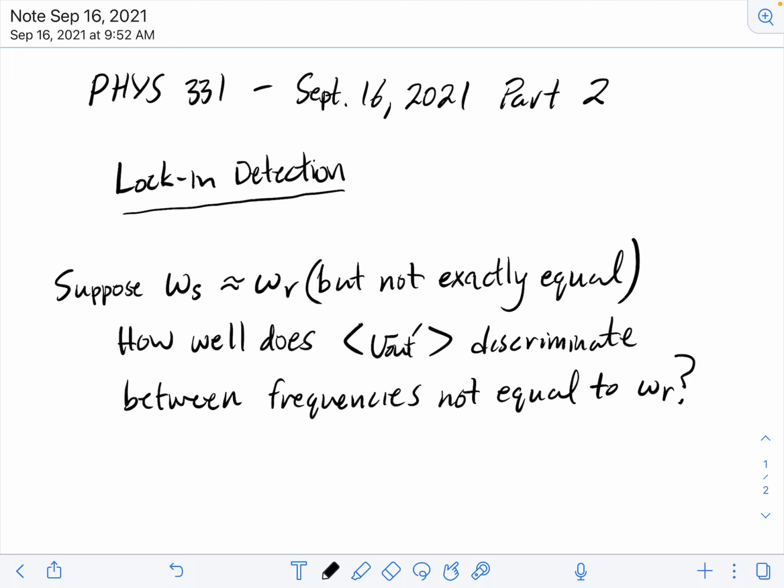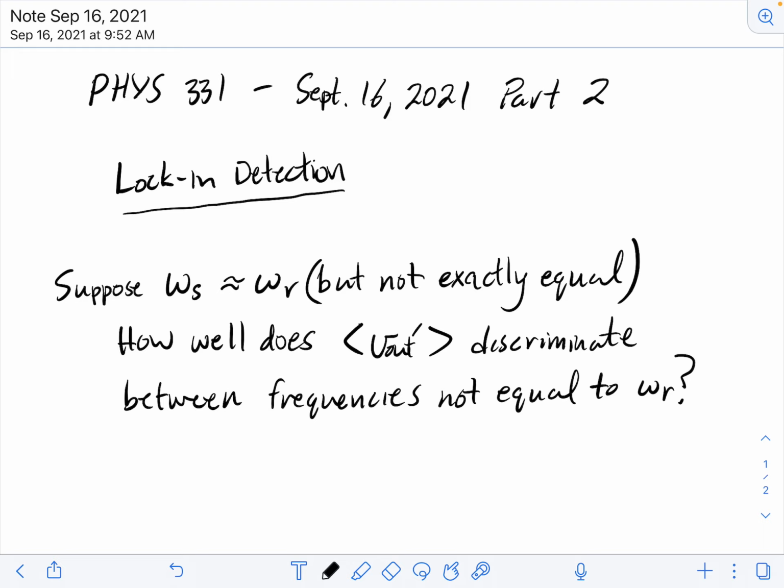And what we found is that that average signal depended on the difference in frequencies between the signal input and the reference input. So that was omega s minus omega r. And after doing that averaging, because this function is sinusoidal, it only survives to a non-zero value when omega s and omega r are exactly equal. And that was kind of the essence of lock-in detection.